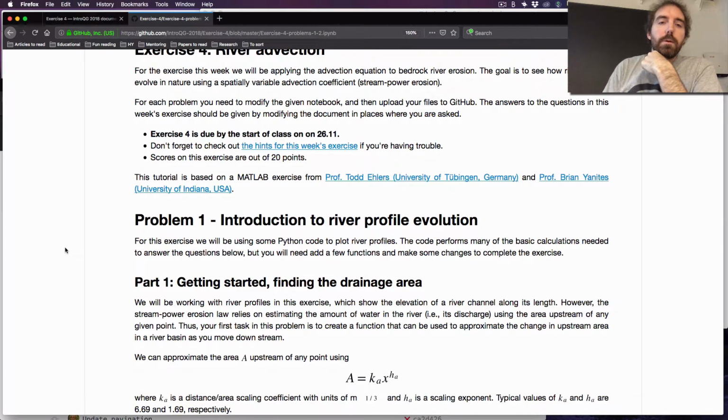In using this stream power erosion law, there's actually quite a bit of code that you need to deal with in order to get it to work. I'm going to have you produce a little bit of that code, and then I'm going to give you a bunch of other stuff.